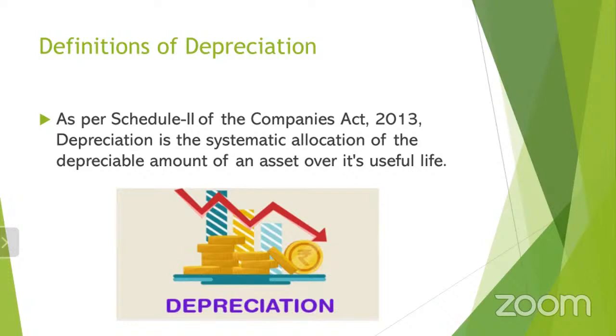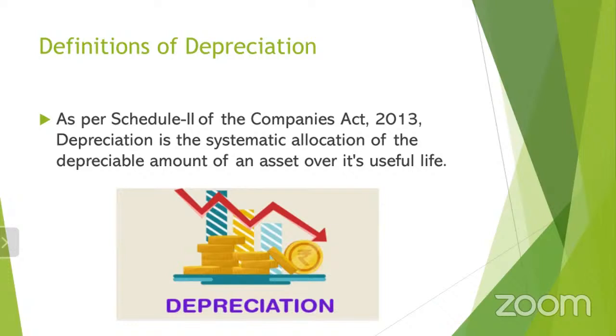The useful life of an asset is the period over which an asset is expected to be available for use by an entity, or the number of production or similar units expected to be obtained from the asset by the entity. Here entity means business enterprise. This is as per the Companies Act.